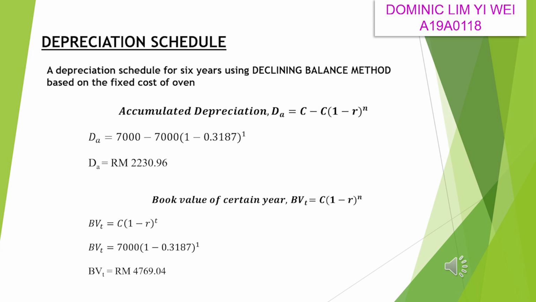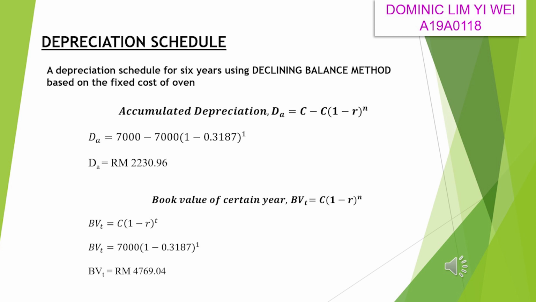And for accumulated depreciation, we have the same amount as depreciation of a certain year, which is 2,230 ringgit 69 cents. And lastly, book value of certain years BVT equal to C1 minus R square N.